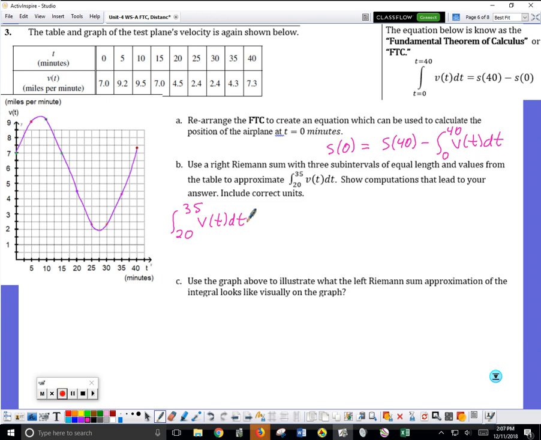And sometimes when you do homework at home, you don't mean to, but you teach yourself incorrectly. So I'm just a little cautious for the next couple of days. I want to make sure you learn it right. So we're just going to do it here. Do a right Riemann sum approximation of that integral with 3 subintervals of equal length. Show computation. Stop me if you want to ask.